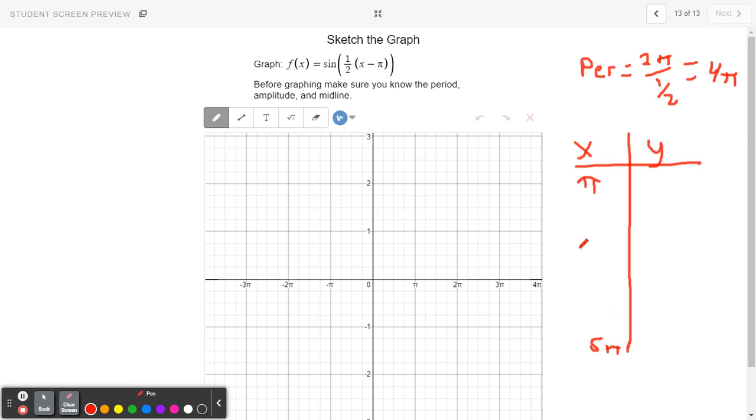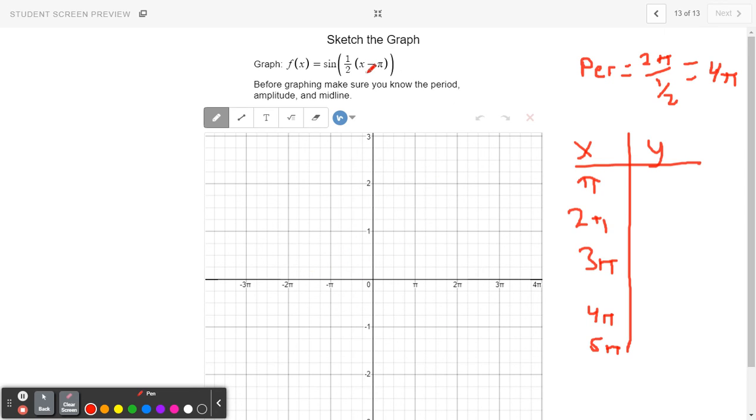All right, halfway between that would be 3 pi. All right, halfway between pi and 3 pi is 2 pi. 4 pi. So if I graph this, 5 pi is not going to be on my graph right now, but I'll be able to backtrack a little bit here, okay?